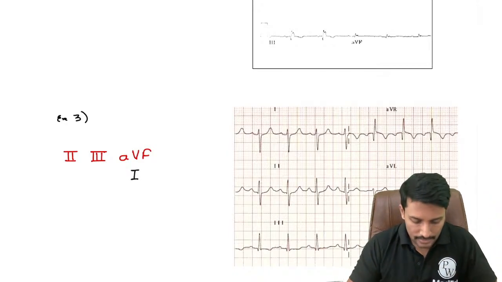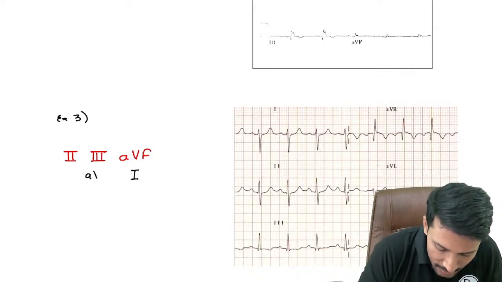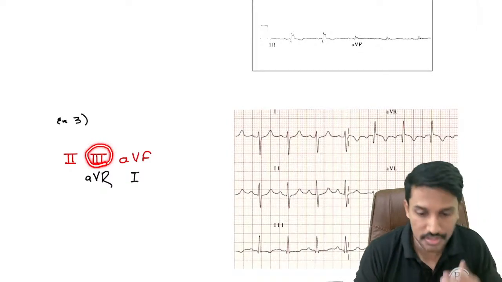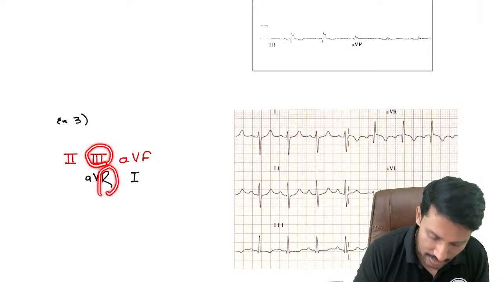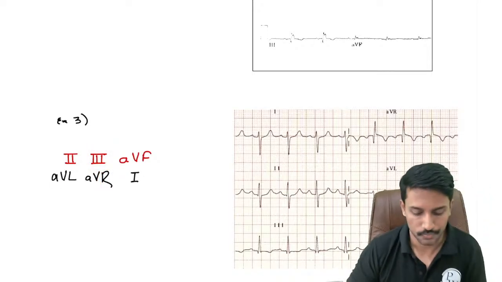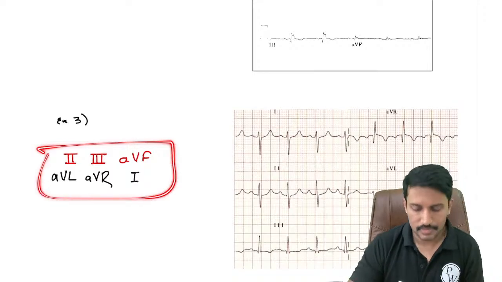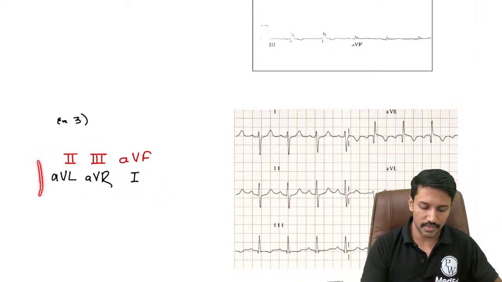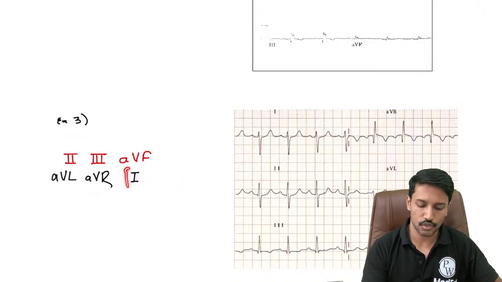Then the lead at 90 degrees to lead 3 is AVR. Easy to remember: when we say 3, we stress on R, so AVR. And whatever is left is AVL for lead 2. As long as you remember this, all your axis determination is sorted. So first, among these 6 leads, identify which one is isoelectric.